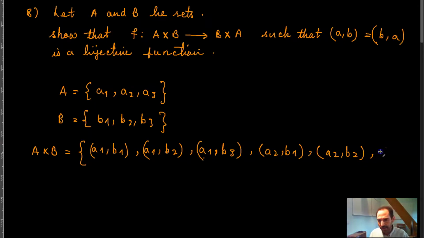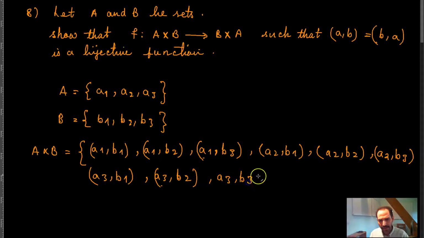Then you have A3 comma B1, A3 comma B2, and A3 comma B3. So this is going to be the Cartesian product of A and B.